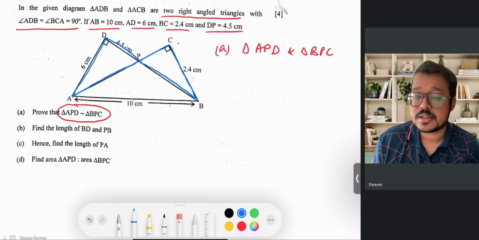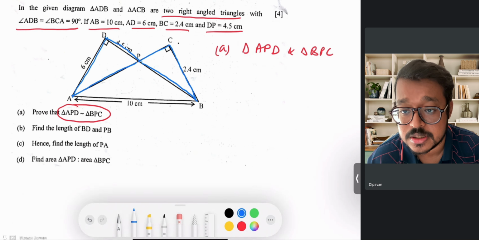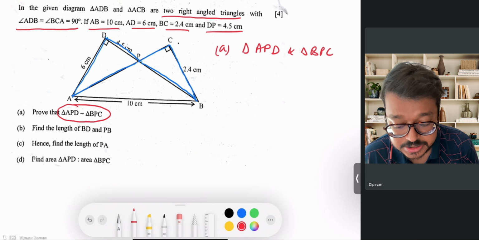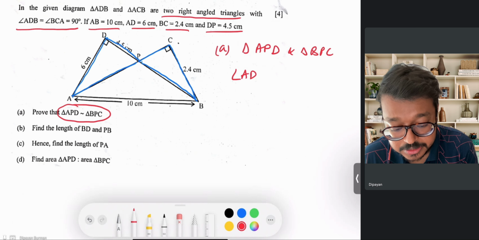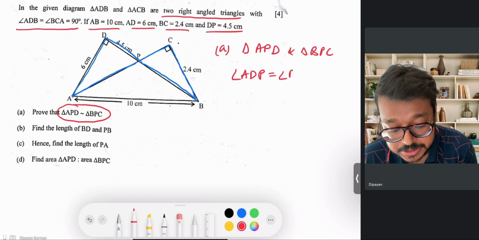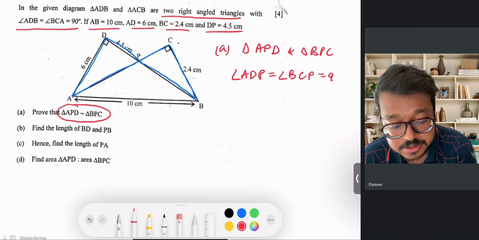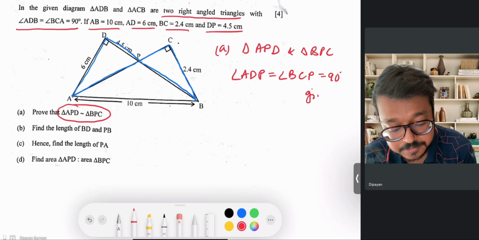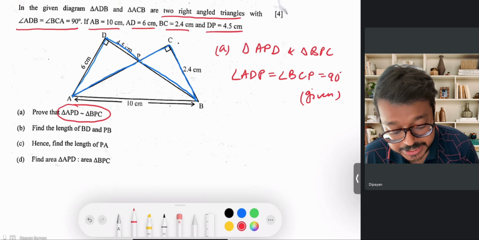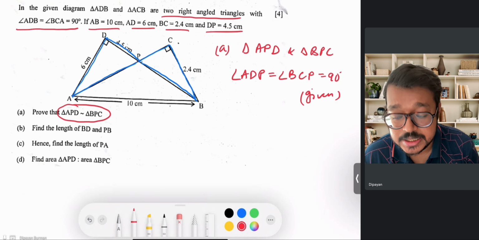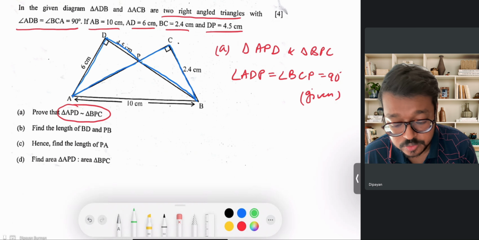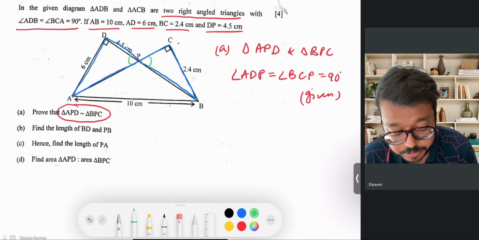We can see that both of the triangles have right angles, so I will say that angle ADP is equal to angle BCP is 90 degree. This is given to me. And also AC and BD are intersecting lines, so we will have a pair of vertically opposite angles.